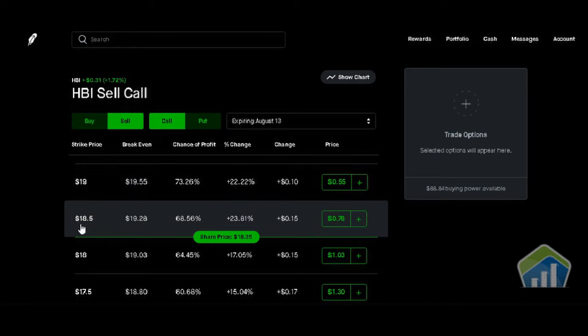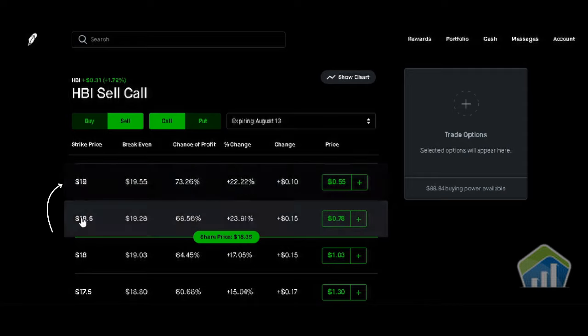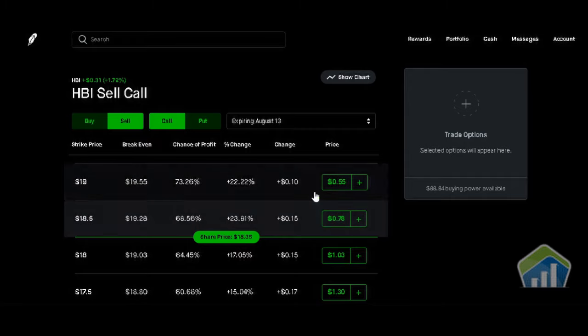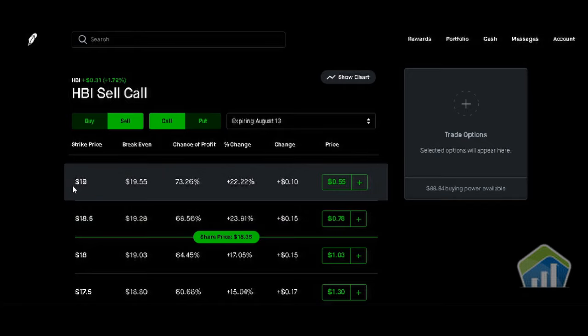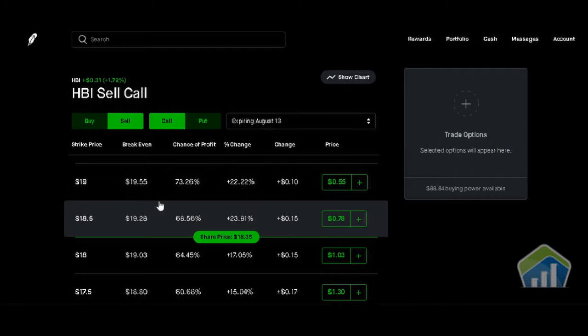So the difference between the 18.35 and the 19 is 65 cents also. So that's going to be another $50 that we've made on those shares. So 50 cents times 100 is going to be $50. So not only that we get $55 up front, we also receive another $50 just for selling at 19 if it reaches $19 by August 13th, right? So in all, we have a possibility of making $105 total.